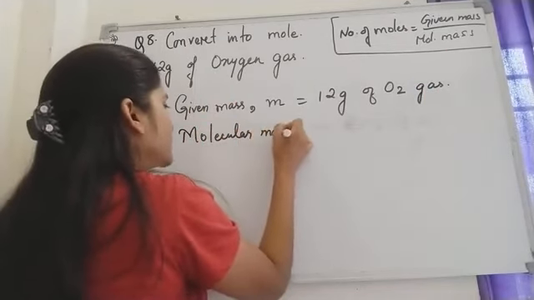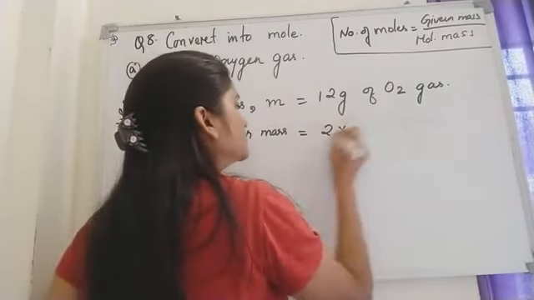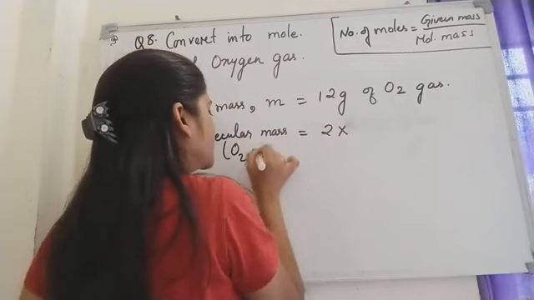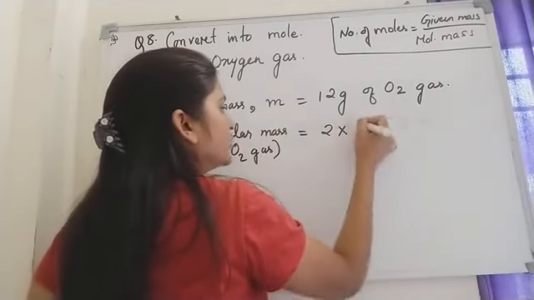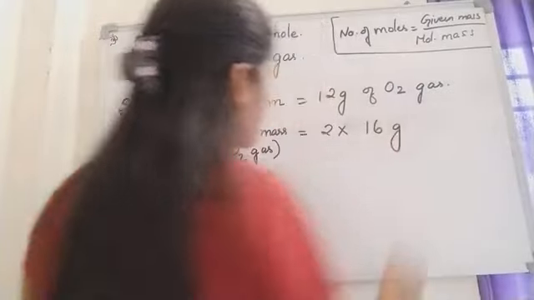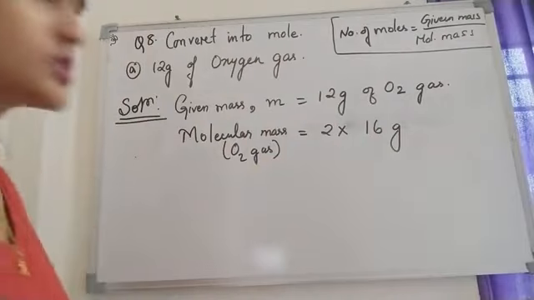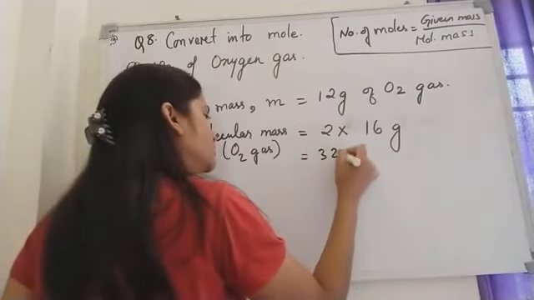The molar mass of oxygen gas is 2 into the atomic mass of oxygen, which is 16 grams. Multiplying 2 by 16, it is equal to 32 grams.